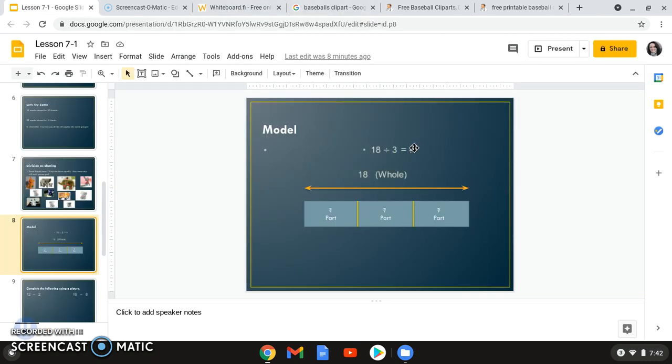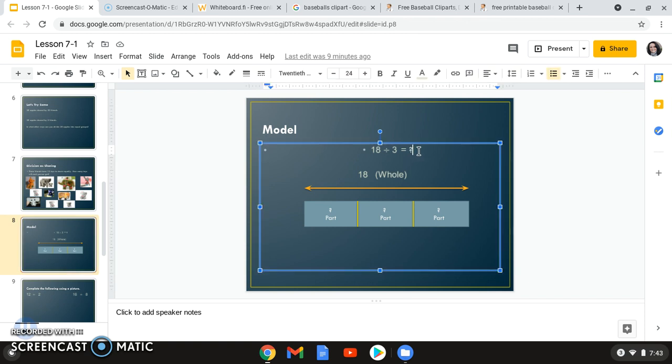Over here, I know that the question mark now is that my answer is 6, and that each part, I'm going to go ahead and tab down here so that you can see each part is going to equal 6 also. And that's going to take me just a second to do that, but you're going to see that it also is 6.